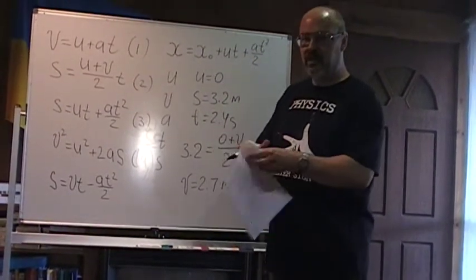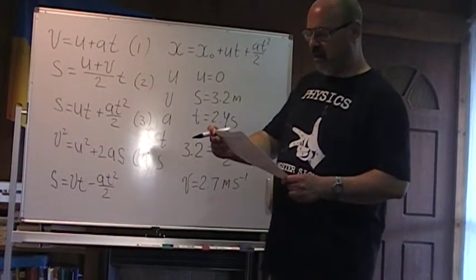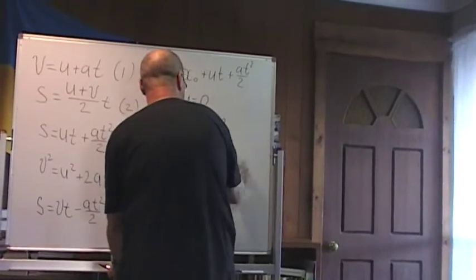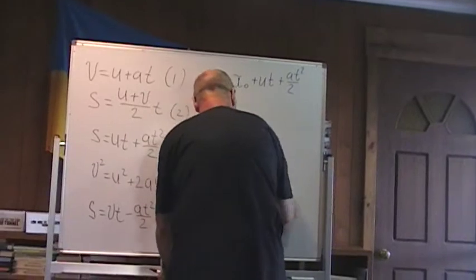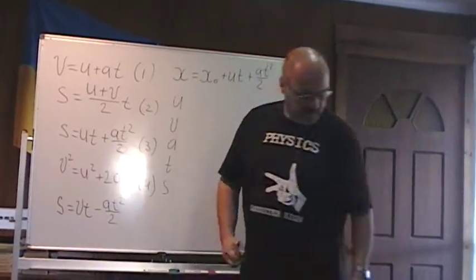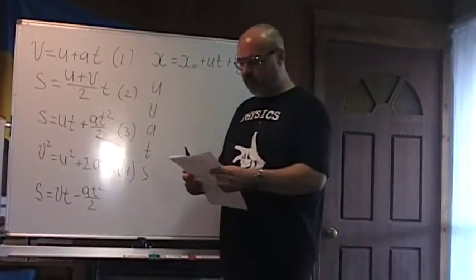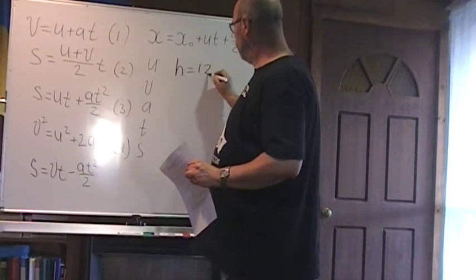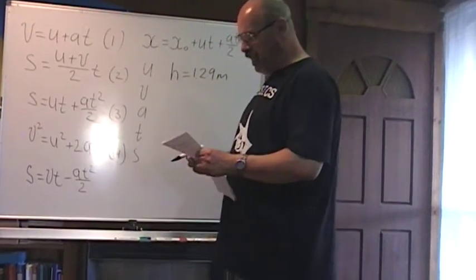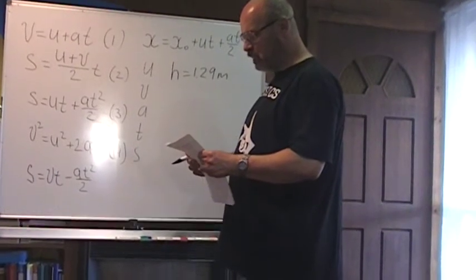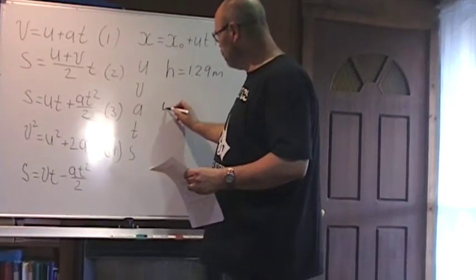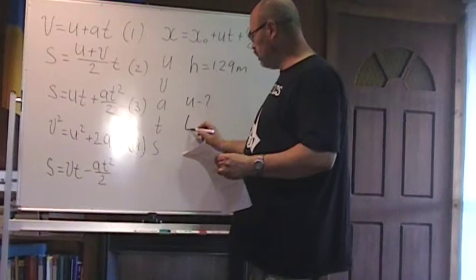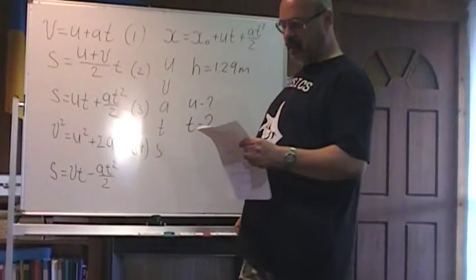Now let's consider another example. Michael Jordan has a vertical leap of 1.29 meters. What is his takeoff speed? So we need to find his initial velocity, and also his hang time, so how long he will be in the air.